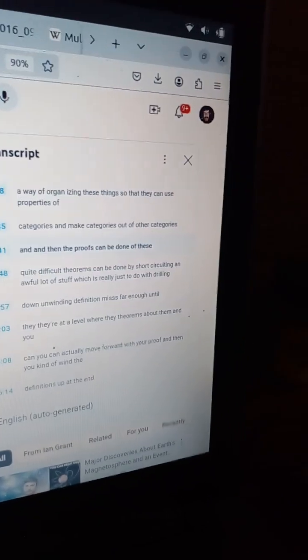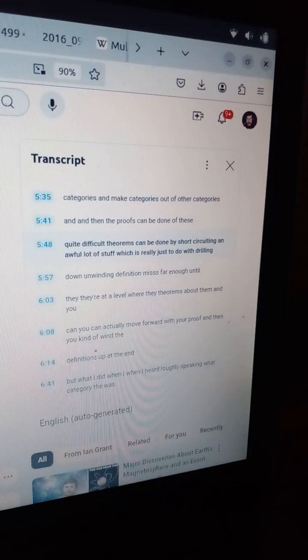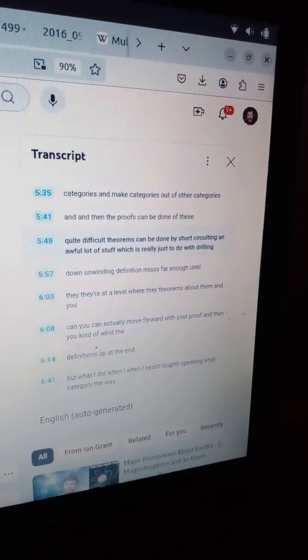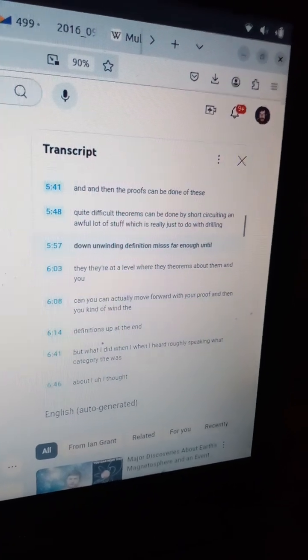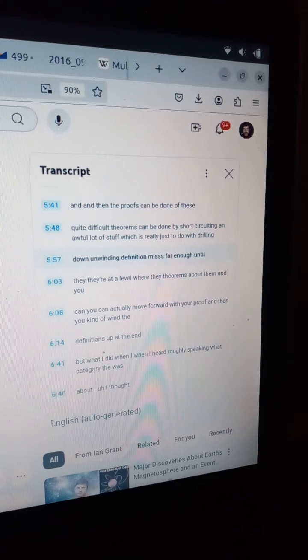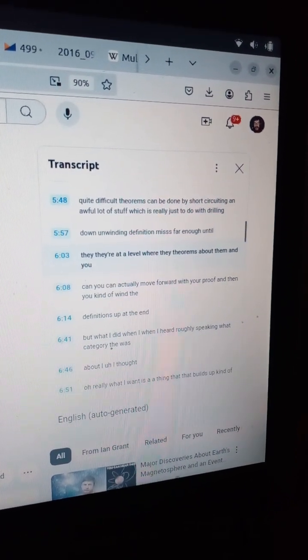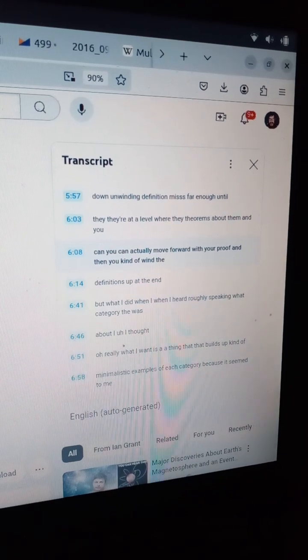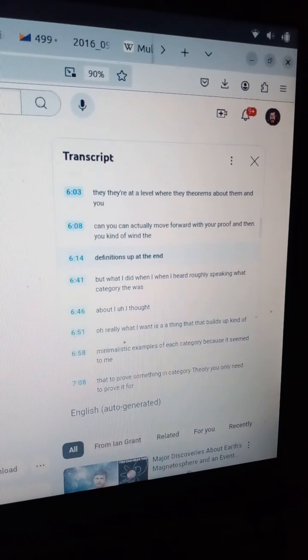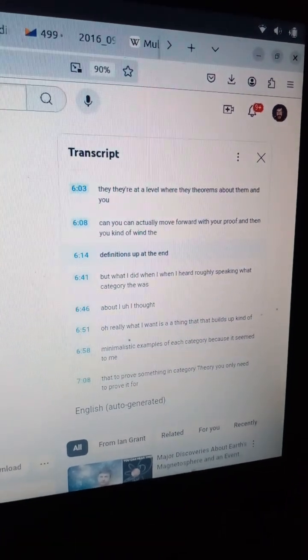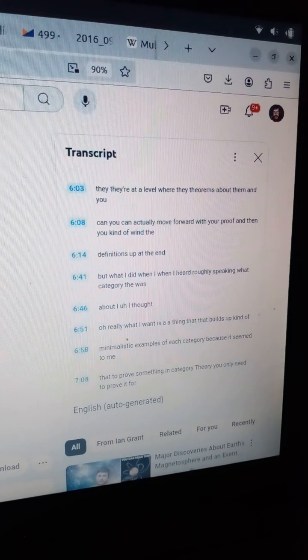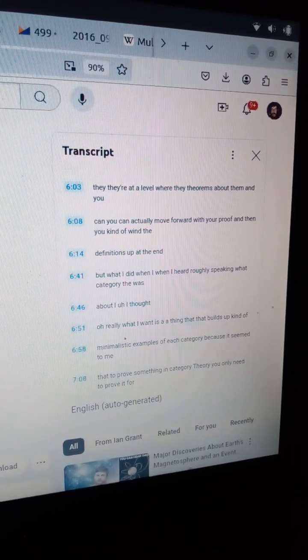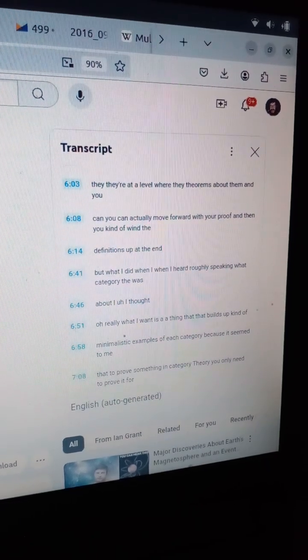And then the proofs of these quite difficult theorems can be done by short-circuiting an awful lot of stuff, which is really just to do with drilling down, unwinding definitions far enough until they're at a level where there are theorems about them, and you can actually move forward with your proof, and then you kind of wind the definitions up at the end. Oh, this bit.